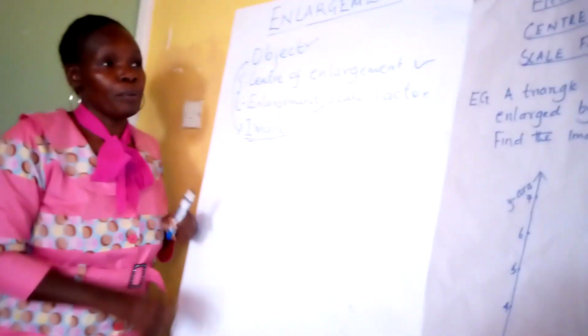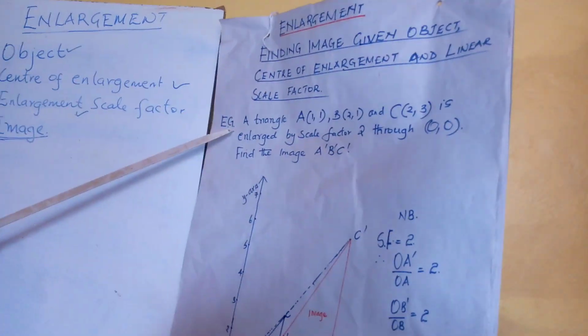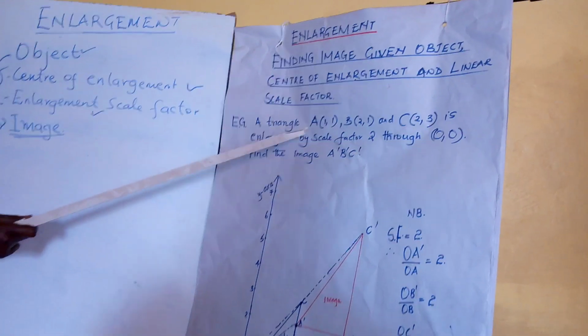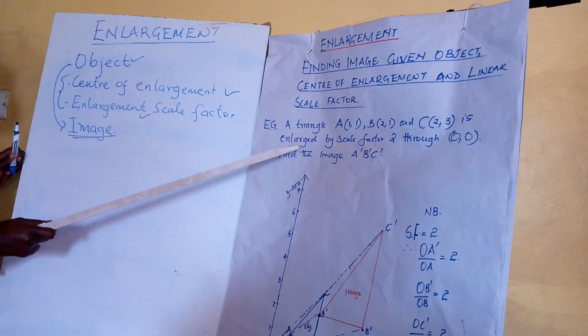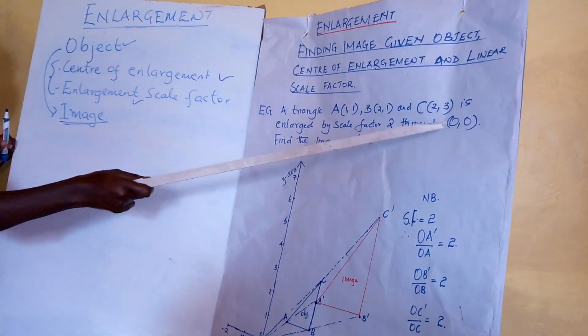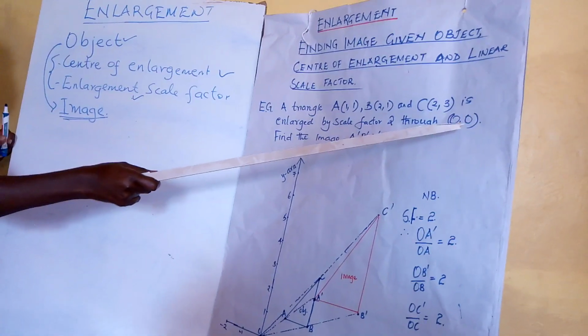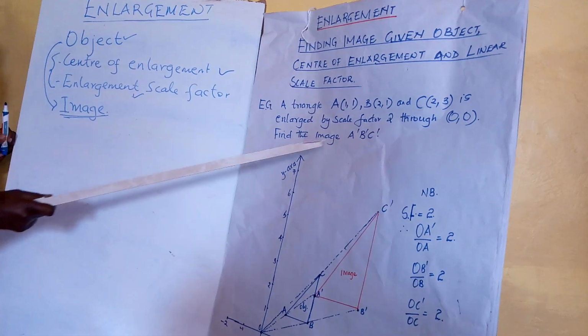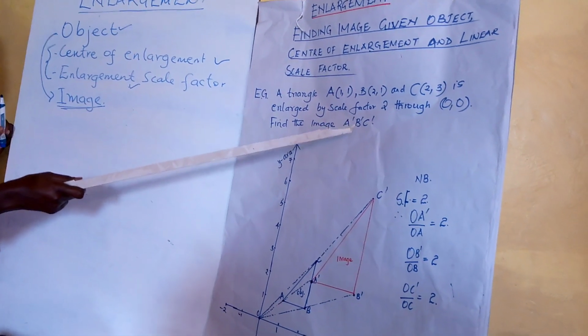We have an example here, and we have been given a triangle A, B, and C, and you're told it is enlarged by scale factor 2 through the center of enlargement 0, 0. We call 0, 0 the origin. So you're supposed to find the image A prime, B prime, C prime.